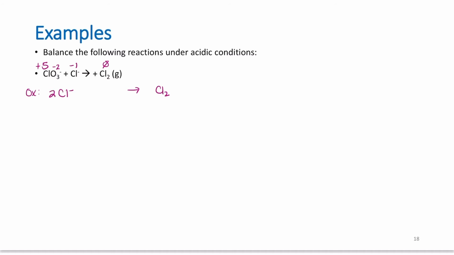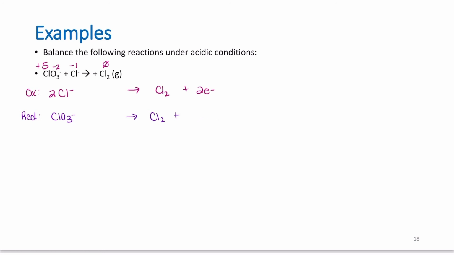Cl- going to Cl2. Balance that out, put 2 for 2 chlorines on each side. I have a -2 charge on my reactant side, so I'm going to add 2 electrons on my product side. And the reduction reaction, I've got ClO3-, give me Cl2. I need to add waters, 3H2O to balance it out. Oh, I made a critical mistake.